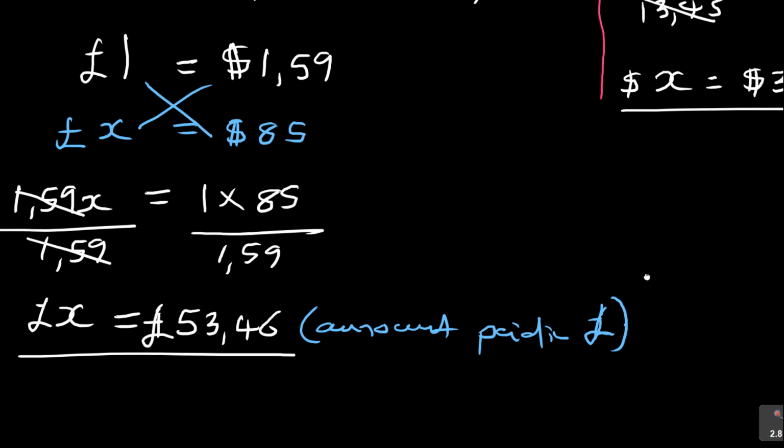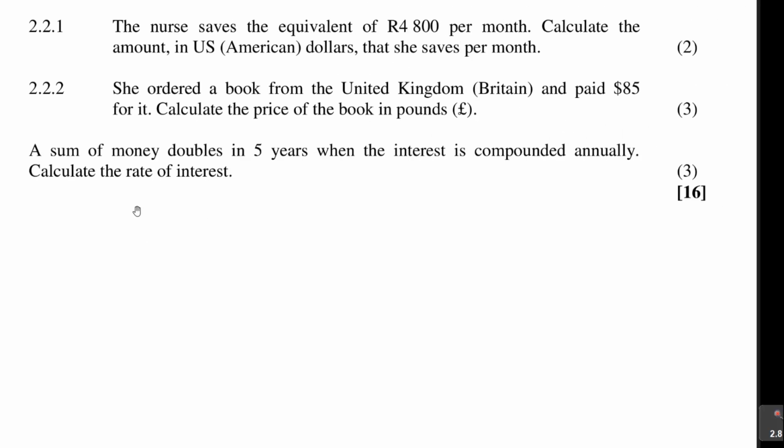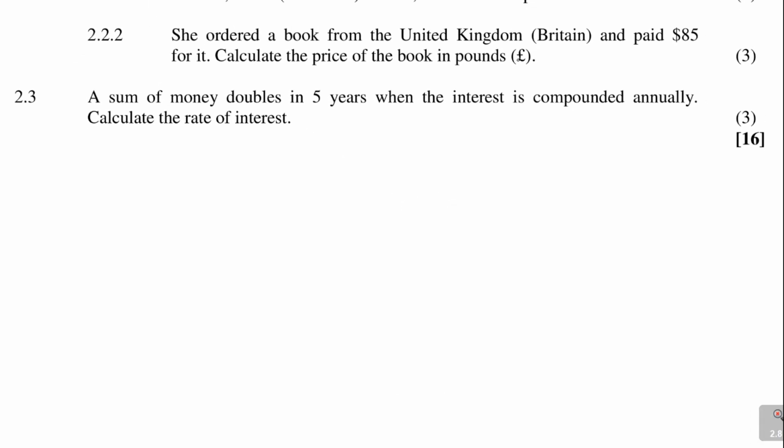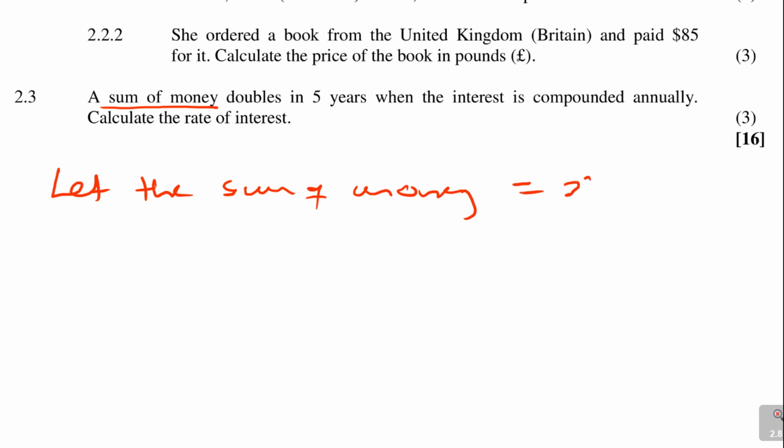So the next question says a sum of money doubles in 5 years when the interest is compounded annually. Calculate the rate of interest. This is interesting. Let me work it here. A sum of money: let the sum of money be equal to X. We don't know that sum of money.